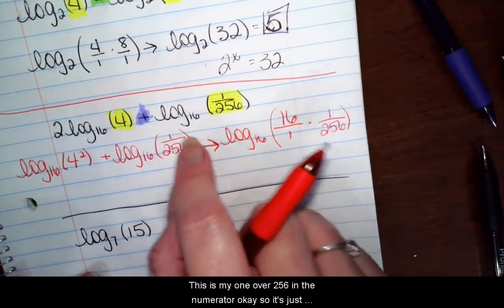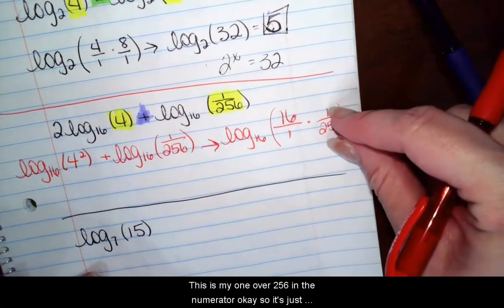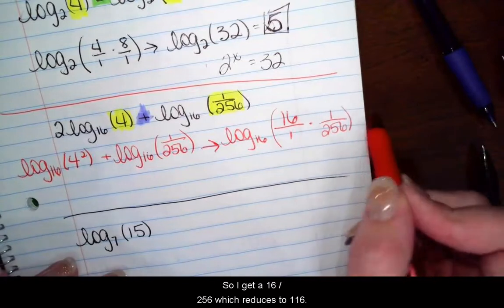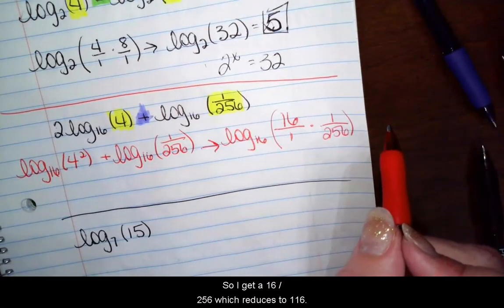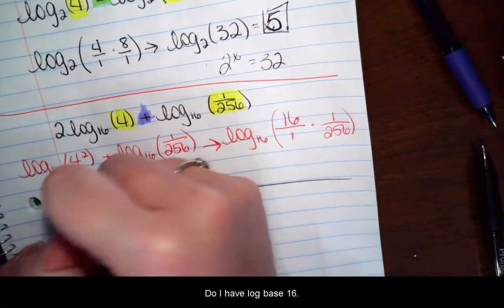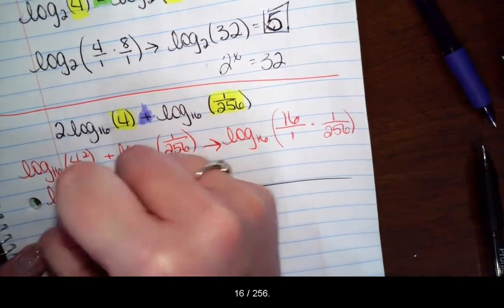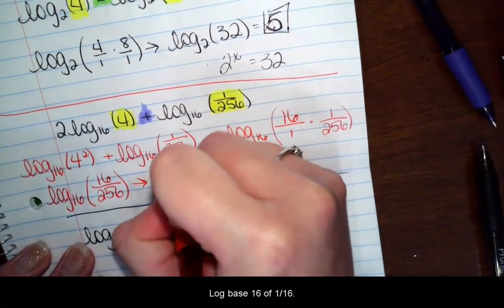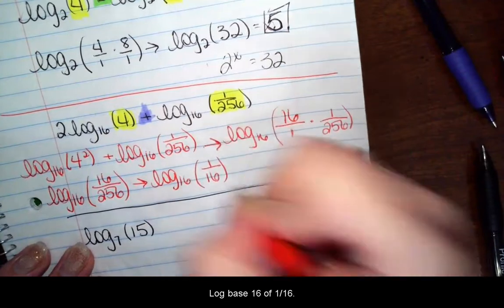This is my 1 over 256 in the numerator. Okay, so it's just multiplication straight across. So I get 16 over 256, which reduces to 1/16. So I have log base 16 of 16 over 256. That's log base 16 of 1/16.